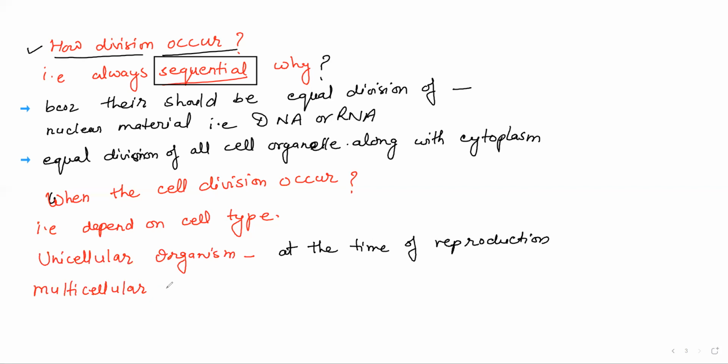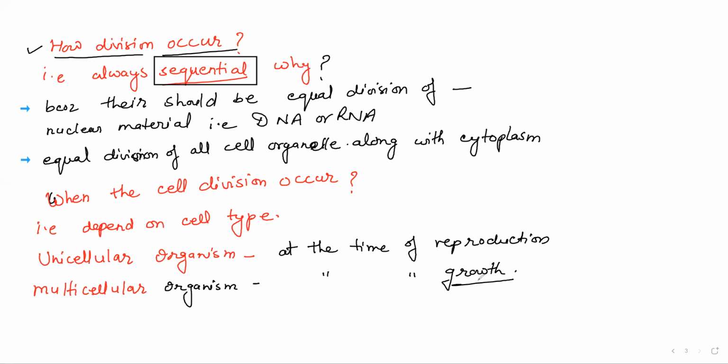Whereas in multicellular organisms, generally cell division will occur at the time of growth, and cell division is responsible for growth.